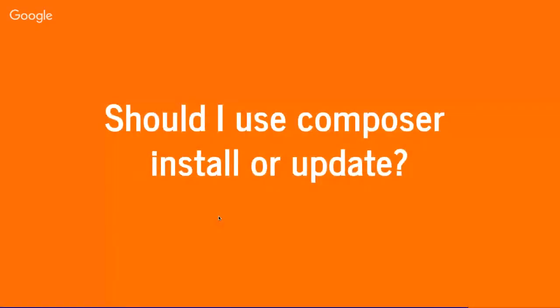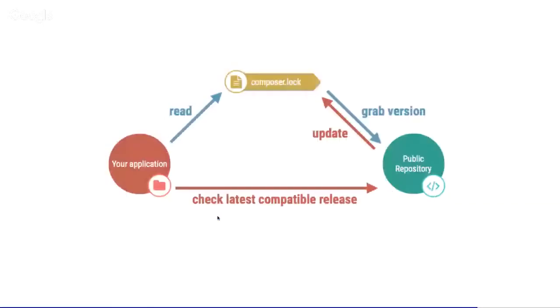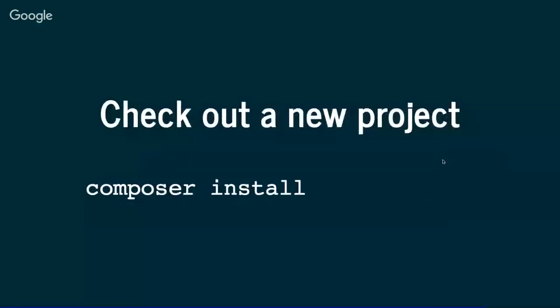Maybe you have a question: should I use composer install or update, or when to run which one? Remember how composer works, it reads a composer.lock file to grab your dependencies. So if you want to check out a new project, the first time you check out the project, you will be running composer install, right?